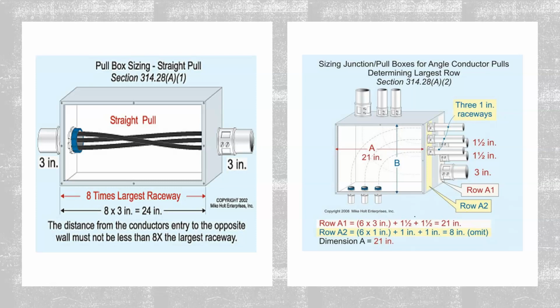For row A2, we take our largest raceway, which is a 1-inch, and multiply it by 6, plus our other raceways, which are a 1-inch and a 1-inch, and we get a total of 8 inches.